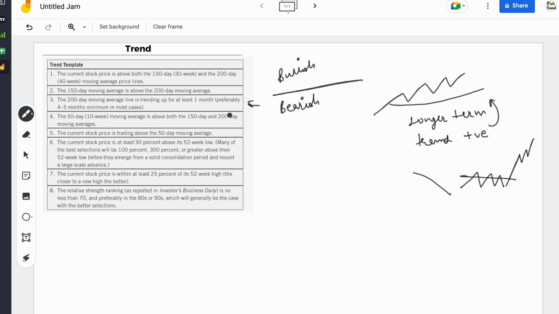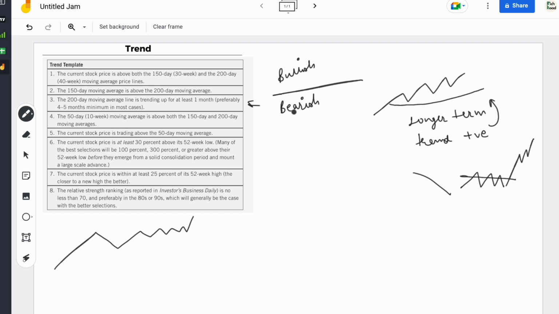Okay, the fourth point is the 50-day moving average should be above both 150 and 200. Now, what does he say? As we move forward, we will look into patterns like VCP and these kinds of patterns. This is what we will learn. But even before that, the hint is given over here. What is the hint? When we talked about the 200 being upslope, the long-term trend is mostly taken care of.